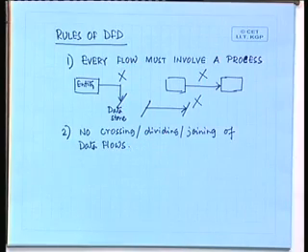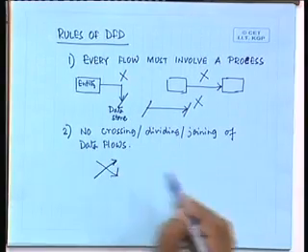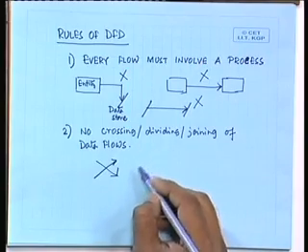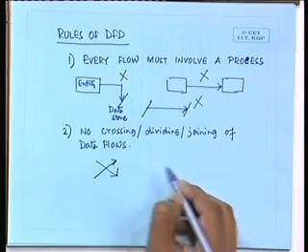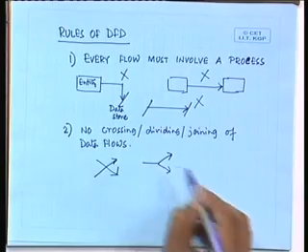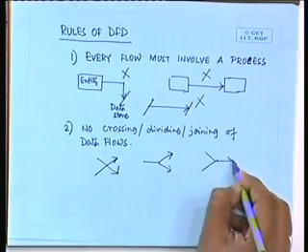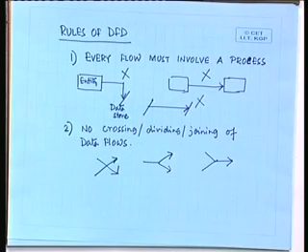No crossing, dividing or joining of data flows. So, you cannot have something like this type, or all these are wrong, right.